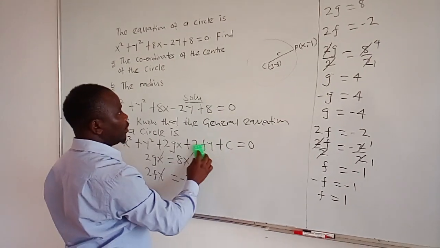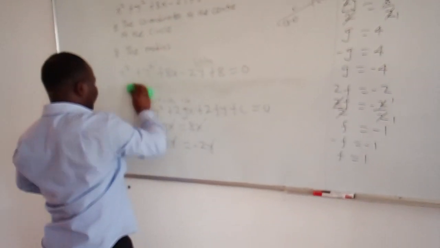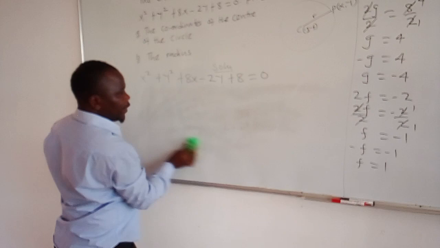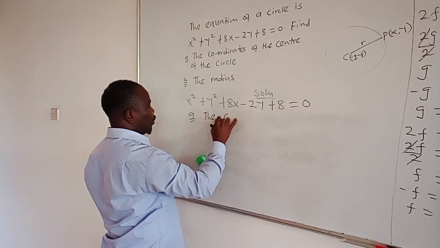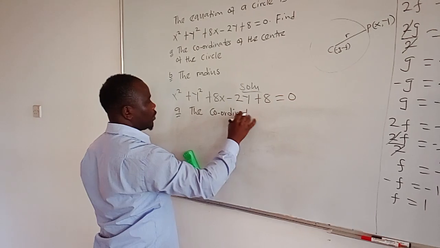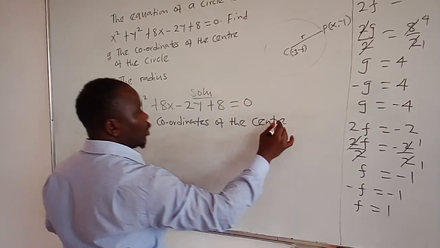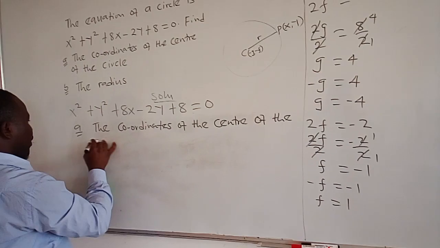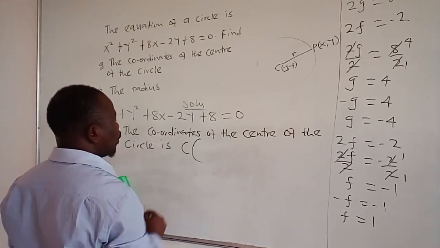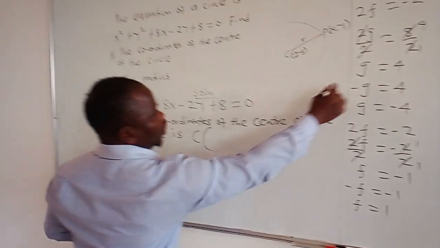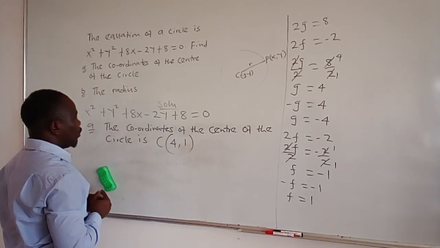If you agree with me, the coordinates, that is our A, the coordinates of the center of the circle is center (g, f), where you know that your g is what? 4, your f is what? 1. Do you agree with me?